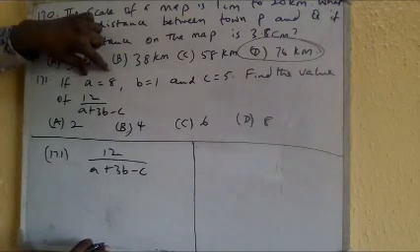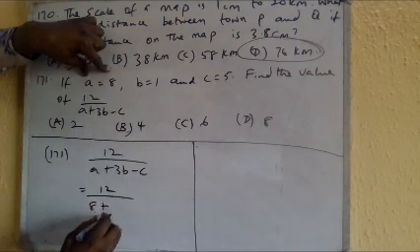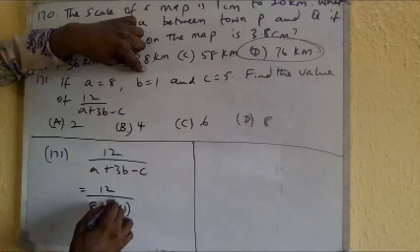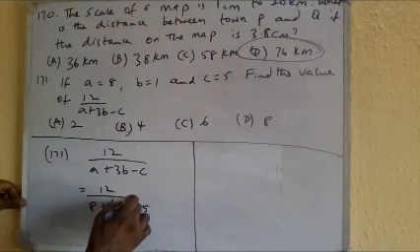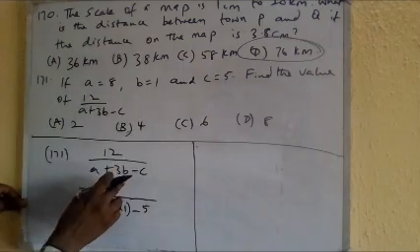So it is 12 over 8 plus, then B is 1, 3 times 1, then minus C is 5. Just substitute. When you see A, you put 8. When you see B, you put 1. When you see C, you put 5. That's what I did here.